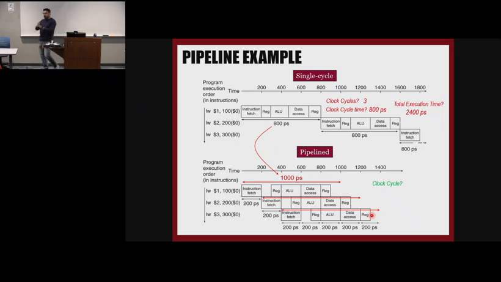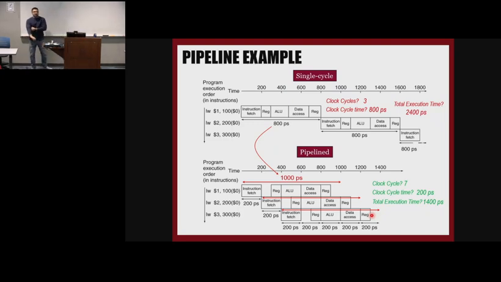So your clock is going to activate the register. It's going to register the output of the previous stage to the input of the next stage. So how many clock cycles do we have? We have 7. What is the clock cycle time here? 200 picoseconds, which makes the execution time equal to 1400 picoseconds.